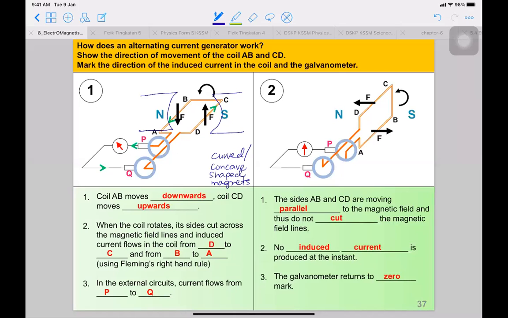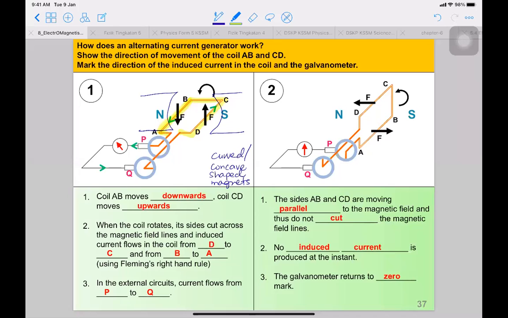Now the movement of the induced current in the coil: as the coil AB moves downwards, coil CD will move upwards. And then when the coil rotates, its sides cut across the magnetic field lines and induced current flows in the coil from D to DCBA. So that is the direction there, DCBA, by using Fleming's right hand rule.